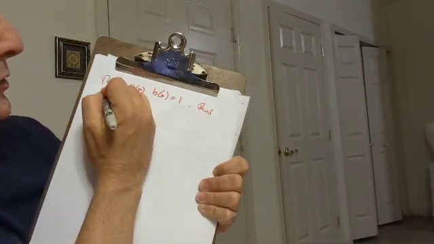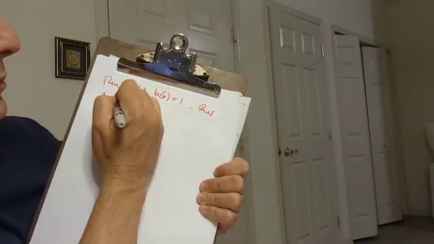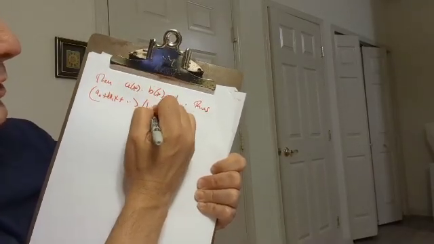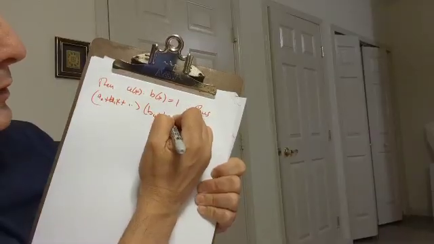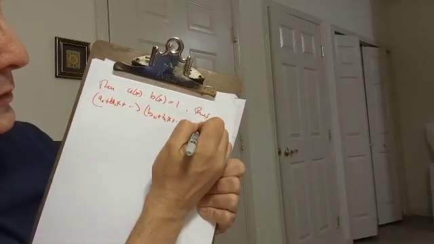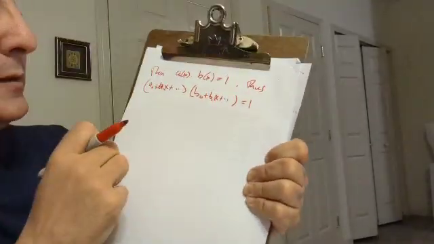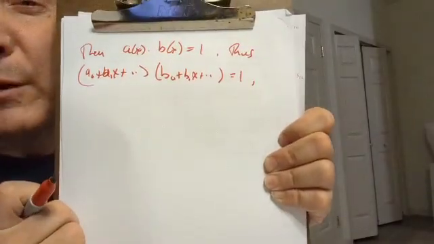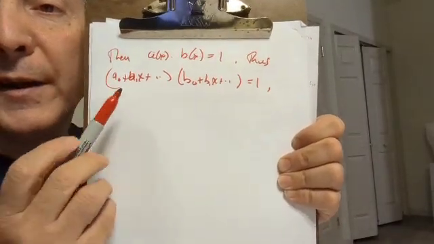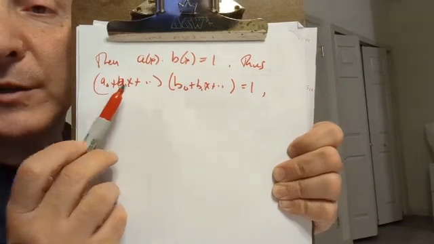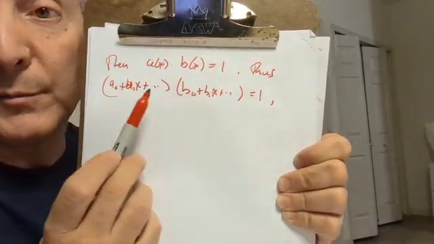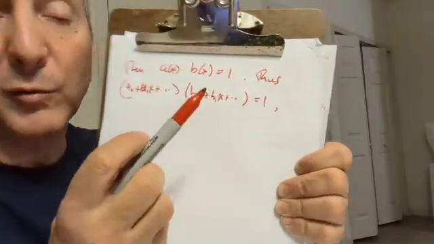If we look at that closely, a0 plus a1x, etc., multiplied by b0 plus b1x, etc., equals 1. So we have that product equals 1. And that means that the constant term here times the constant term there equals this constant term. a0 times b0 equals 1.